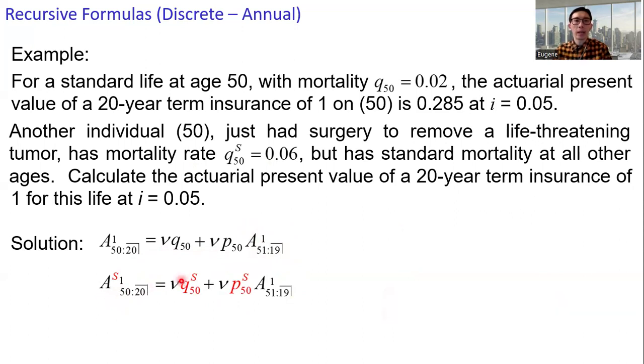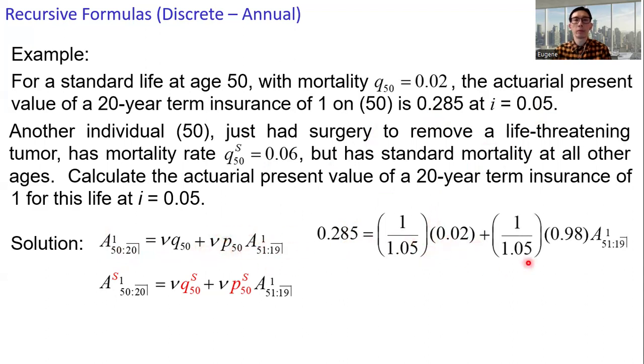Plug in the numbers, and then from the first expression, we can get the 19-year term insurance. The 20-year term insurance, the expected value is 0.285. Nu is 1 over 1 plus i. q50 is 0.02. And then the second term, we have this.